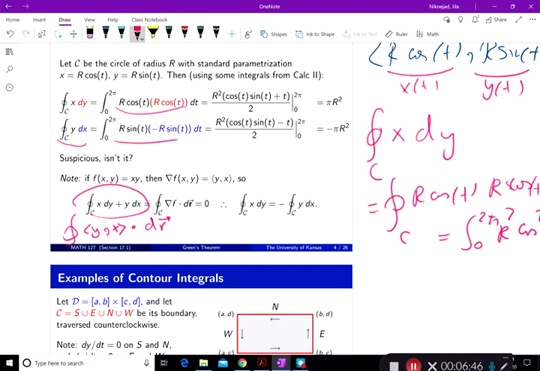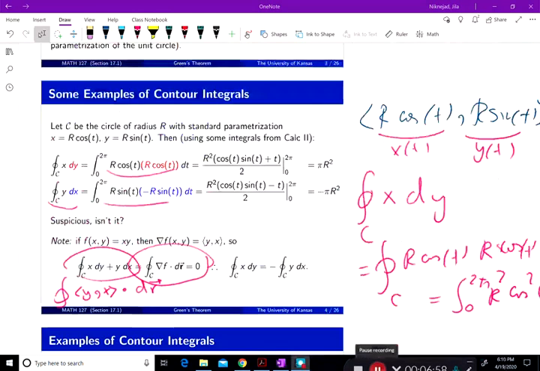Therefore, this line integral is going to be 0, and the two are negatives of each other. We're going to come back to this little fact after we discuss the theorem itself.